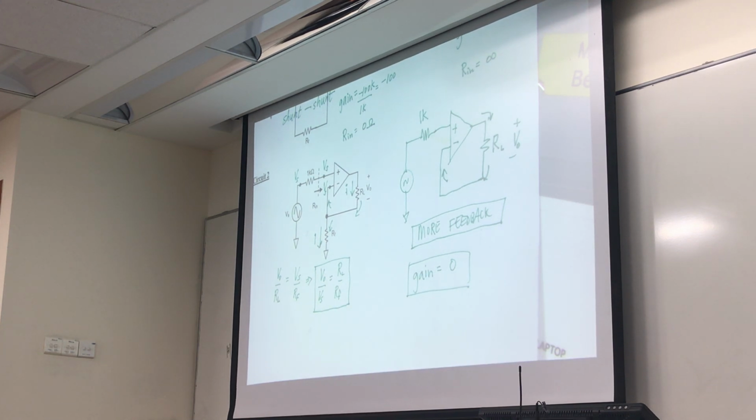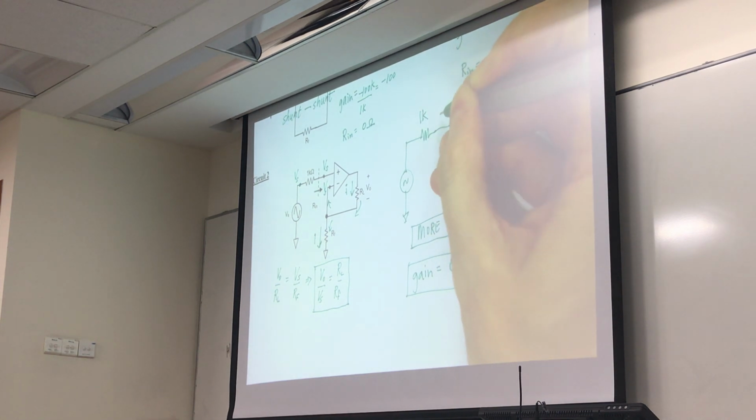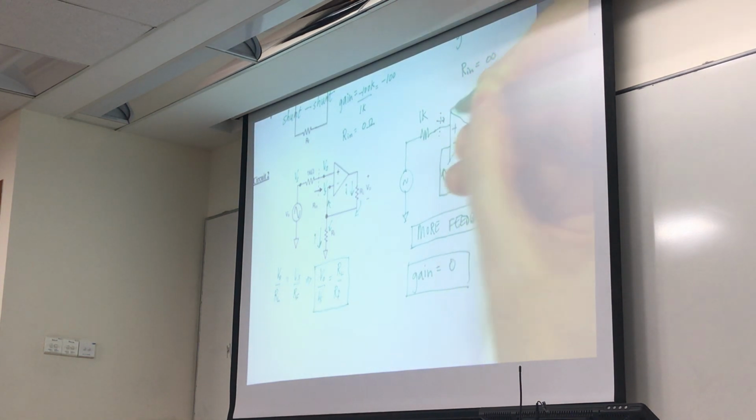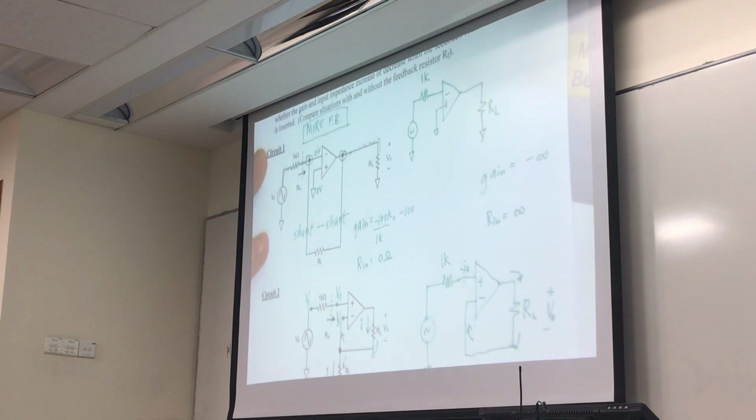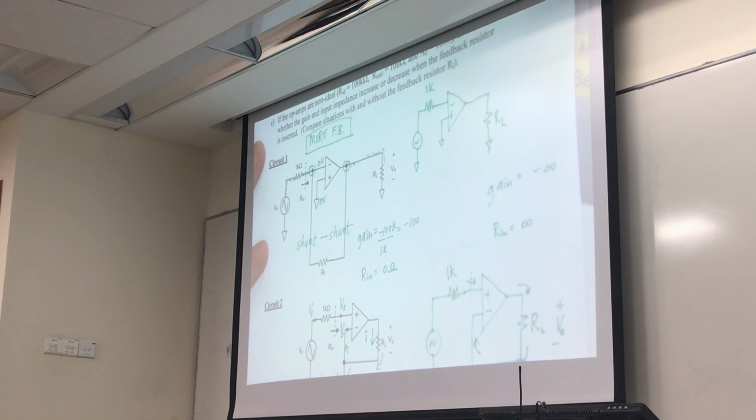Now let's think about the input impedance. So the input impedance, if they're ideal op amps, they're both infinity. So it's hard to compare one infinity to another. So that's why I asked part C up here. If the op amps are non-ideal, how will the input impedance change?